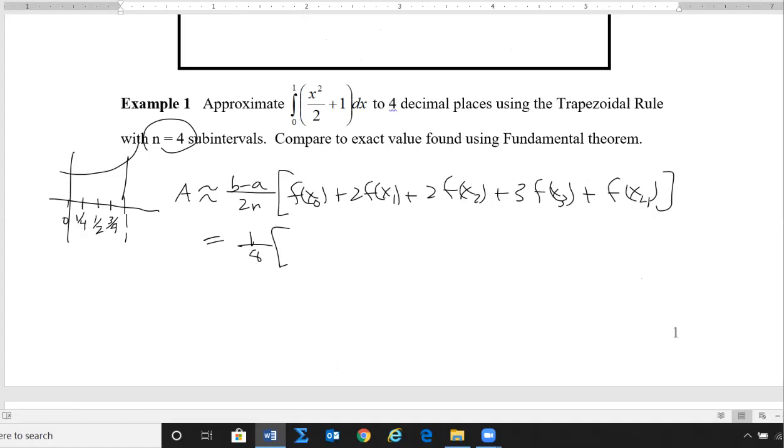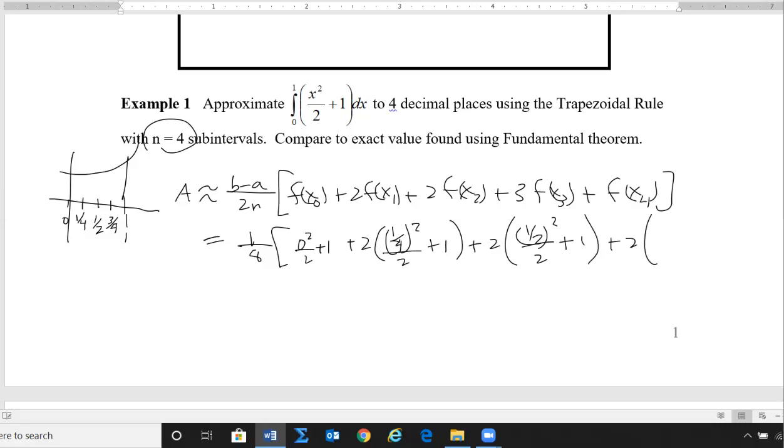And then we would have f of 0, which is 0 squared over 2 plus 1, plus 2 times 1/4 squared over 2 plus 1, plus 2 times 1/2 squared over 2 plus 1, plus 2 times 3/4 squared over 2 plus 1, and finally plus 1 squared over 2 plus 1.